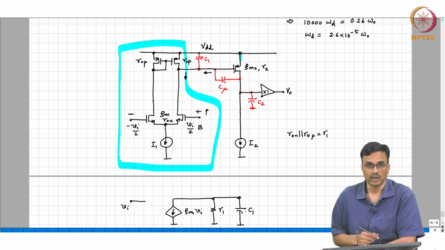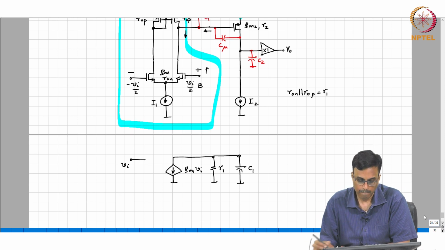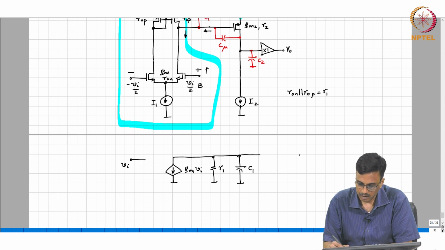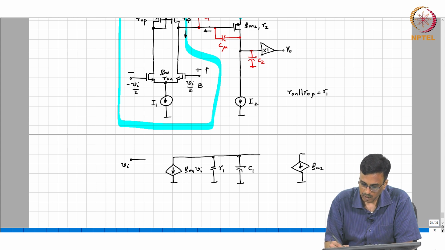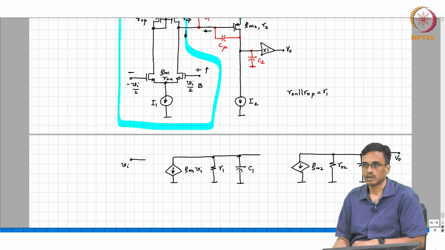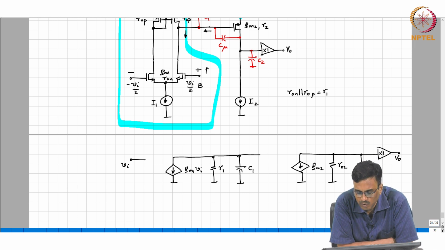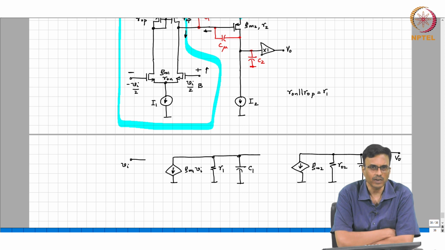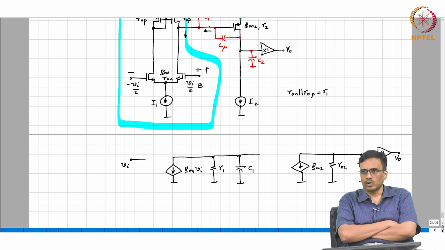This is C1, and this is GM2, RO2, C2, and then there is some, this is V. I have just kept that output buffer as an ideal VCVS, simply because remember that the bandwidth of that common drain amplifier is actually very high, and we do not have to really complicate our lives because of that.